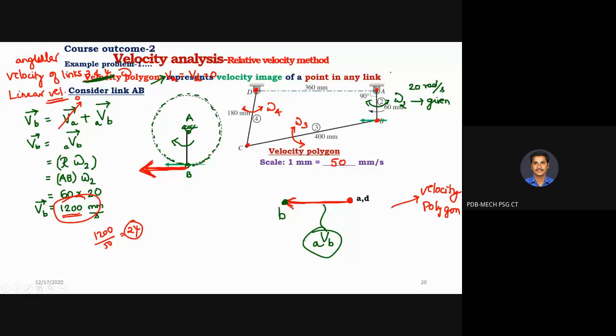Is the scale not clear to you? Did you understand? Each mm you have drawn on this red color line indicates 50 mm per second. So if you keep 24 mm, it is indicating 24 into 50, which is 1200 mm per second. Because you could also take a scale of 1 mm equal to 1 mm per second, but you would need to draw a 1200 mm line, which is not possible. So we need to reduce the scale. So 1 mm in the scale indicates 50 mm per second, so you need to draw 24 mm, which is indicating 1200 mm per second velocity. That is the velocity of B with respect to A. Is it clear?